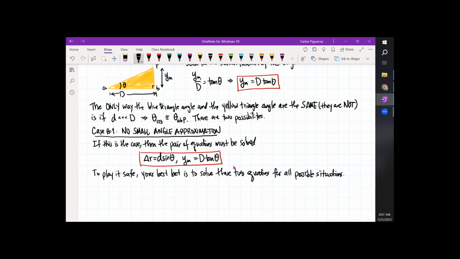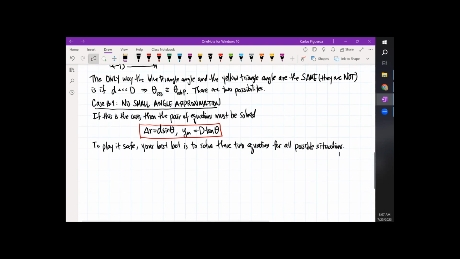And in interference, it turns out that the small angle approximation works most of the time. In diffraction, it does not work most of the time, which is going to be later on in this chapter. So just putting it out.